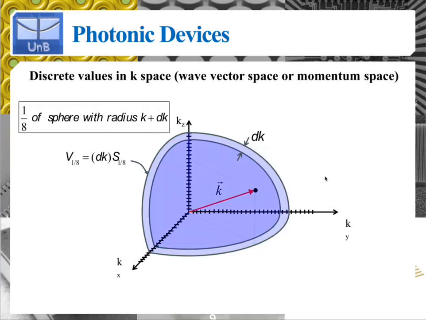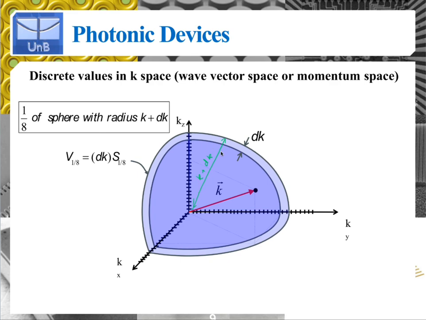Now, if we define another sphere with a radius slightly larger, so that the radius is, instead of just K, K plus dk, a differential dk, you're going to have this outer sphere right here. And of course, the points at the surface of this outer sphere have wave vectors K plus dk.